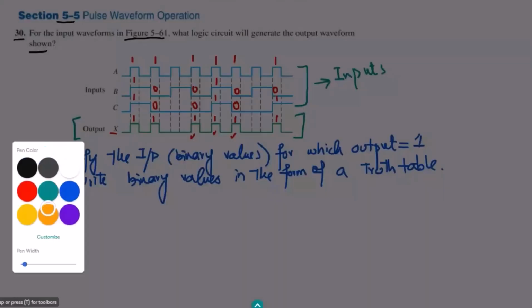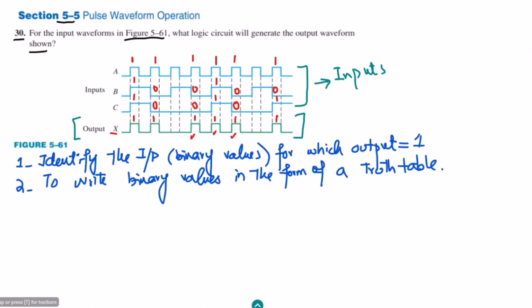Okay, so whatever we have found out, let me write it in the form of a truth table. So we have A, we have B, we have C, and we have here X, which is the output. So what are the combinations which we have obtained? This is 1 1 1, the first one. Here for it I have output equal to 1.